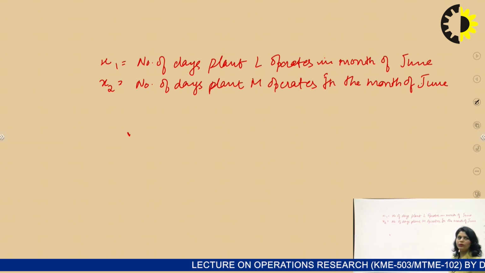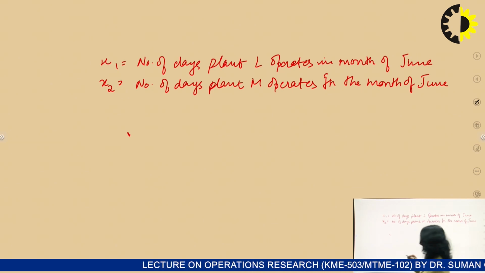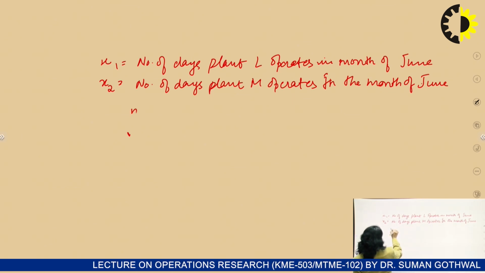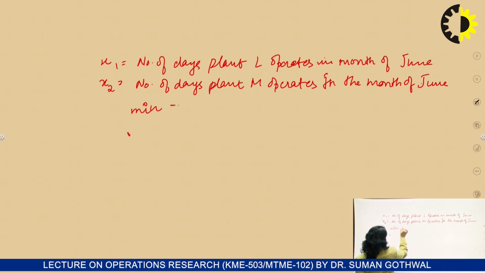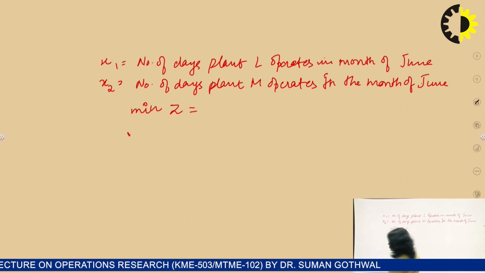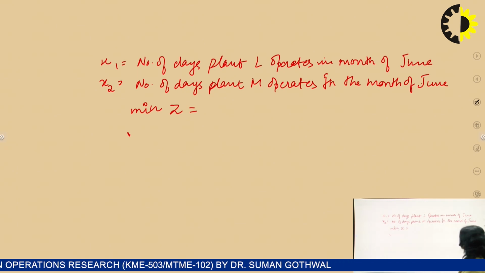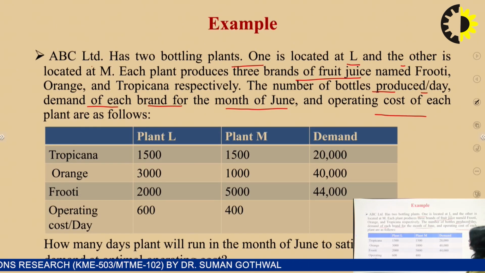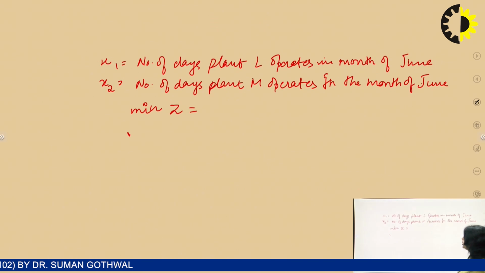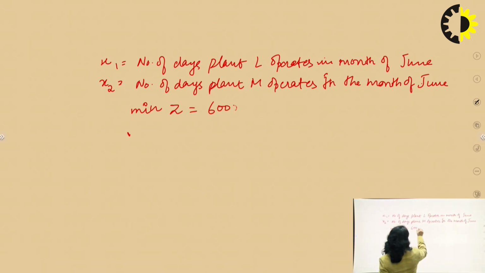Now we will write down the objective function. So the objective function is to minimize the operating cost. So minimize Z equals 600 x1 plus 400 x2.